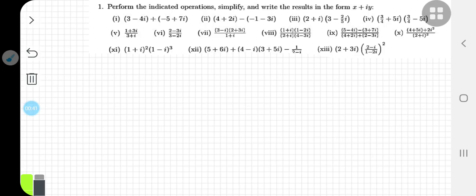If you see the first question in your tutorial sheet, it allows you to apply the concept which we did in the previous video, which is the addition, subtraction, multiplication and division of complex numbers. They want us to apply that knowledge, to combine and use that concept to solve these questions. Let's start.